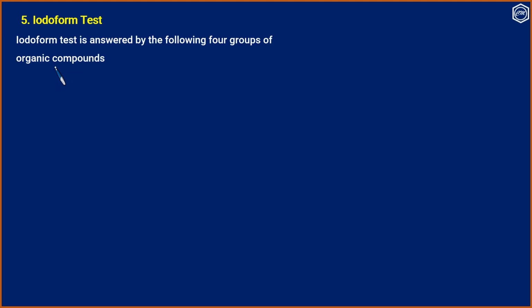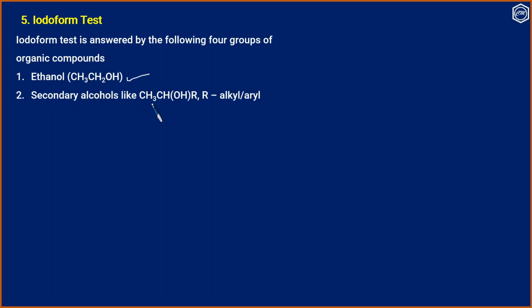Another important test for alcohols is the iodoform test. The iodoform test is answered by the following 4 groups of organic compounds. Ethanol answers the iodoform test. Secondary alcohols like CH3CHOHR, where R is alkyl or aryl.